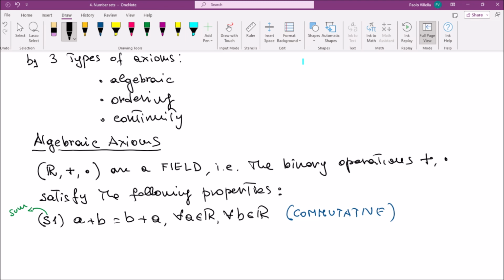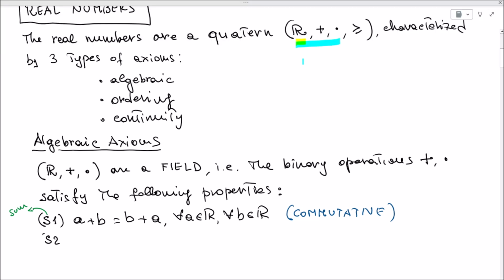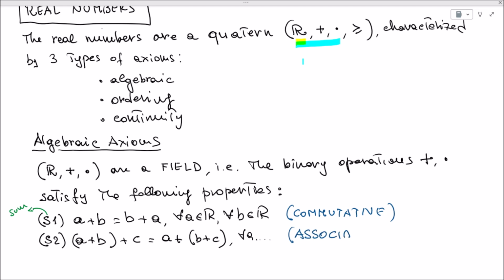So this is a first property that is satisfied by the operation plus, by the sum operation. The second axiom that refers to the sum is that a plus b, plus c, is equal to a plus, b plus c. And again, of course, this is true for every a, every b and every c in R. And this is what we call the associative property of the sum.